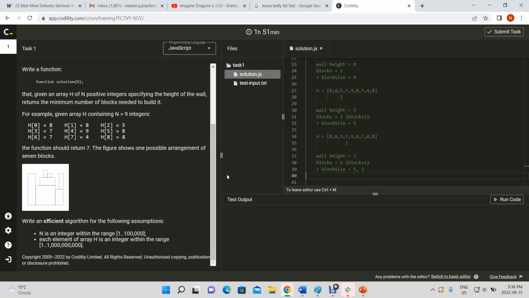So what we can do is keep a block stack, which will tell us the size of the bricks we already have stored, stacked up at each point in the array. So currently we have a 5 and 2 at this point.